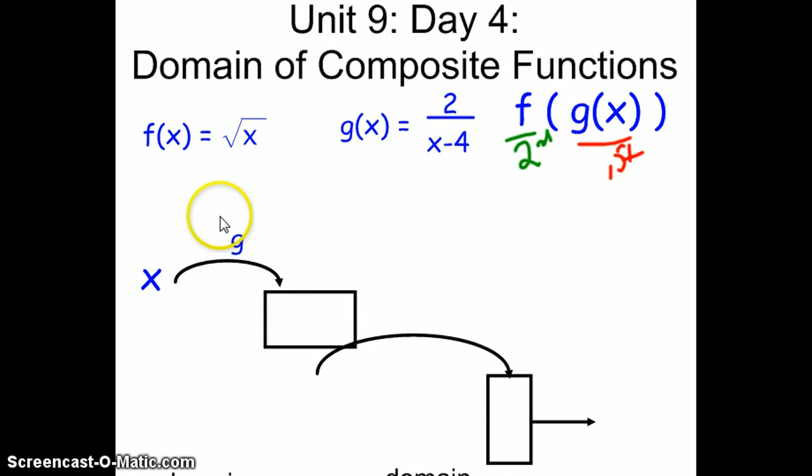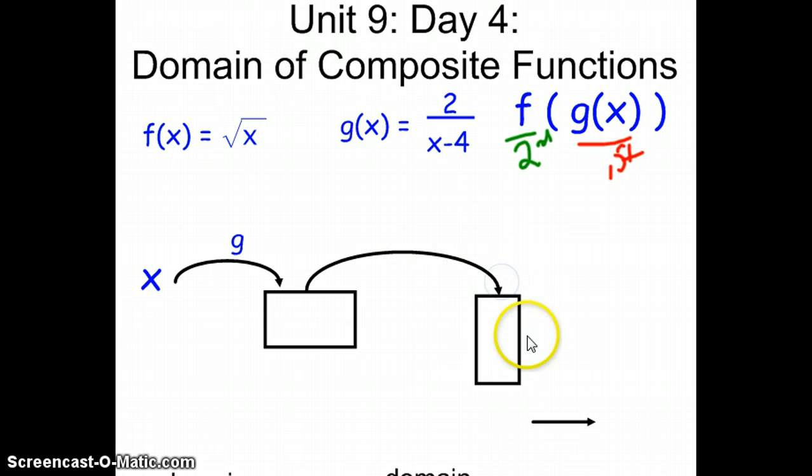So when I plug x into g, I'm going to get out some number, and it's that number that I'm going to plug into a separate function to get out an answer. The second function I plug it into is the f function. I plug whatever was in this box into f and get out an answer, and there I have my answer for the output of f of g of x.